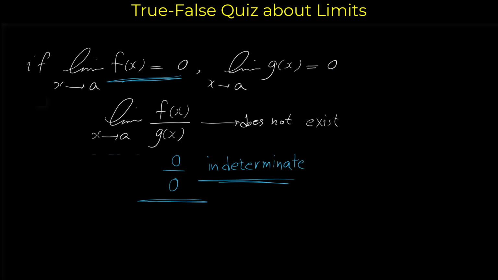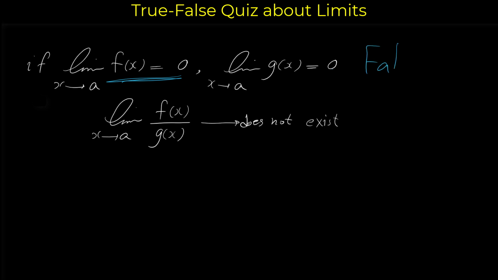And these types of limits, depending on the functions f and g, may exist or may not exist. So we cannot say that these types of limits exist or do not exist. And so this statement is false, because it is possible that these limits exist.